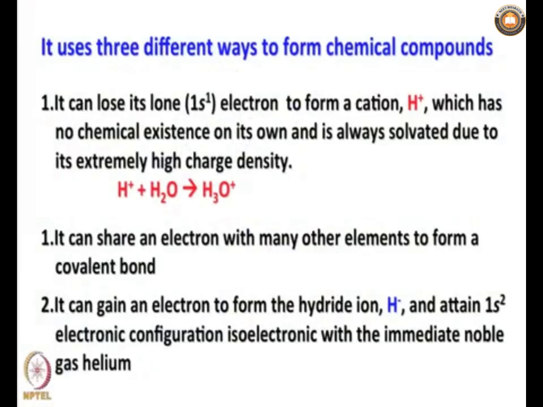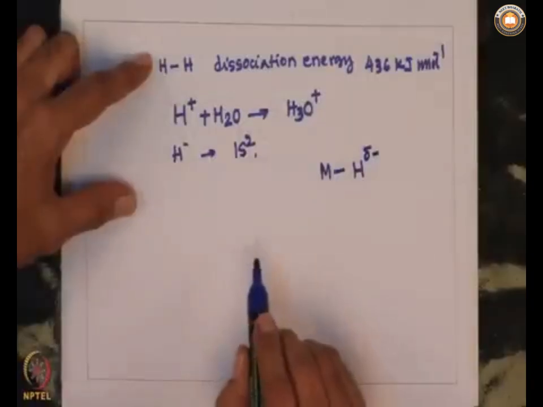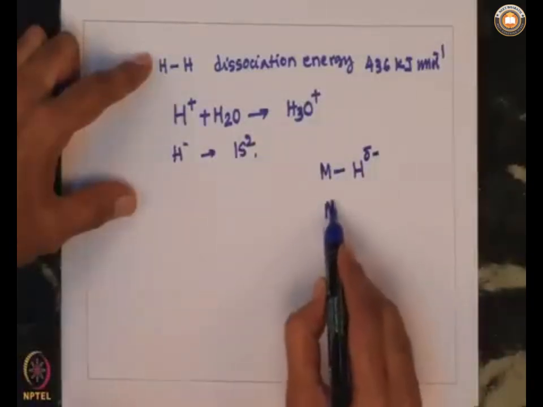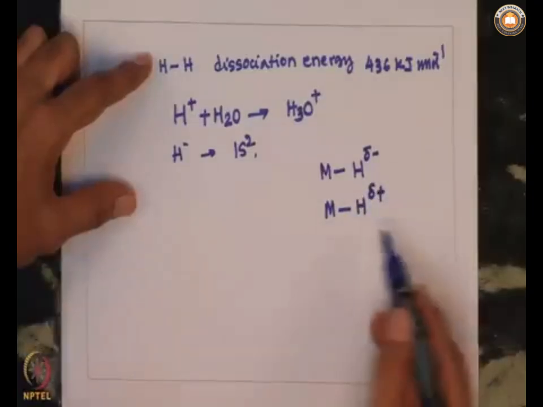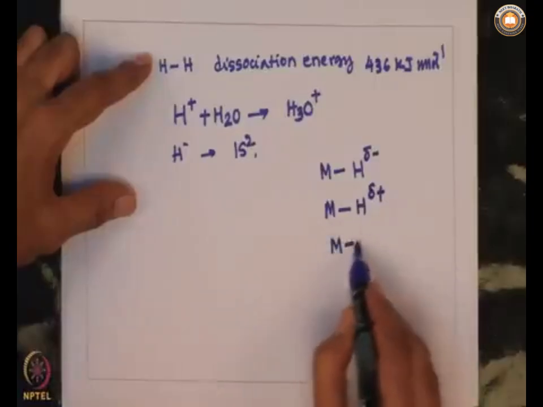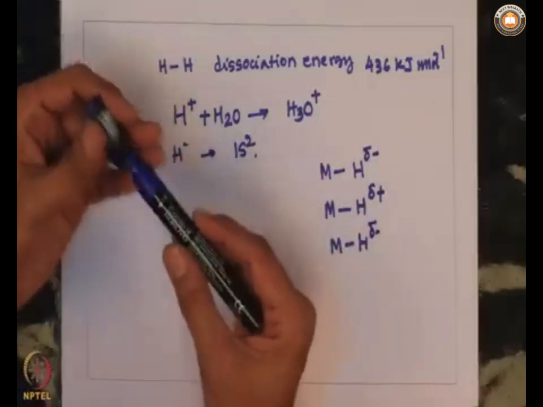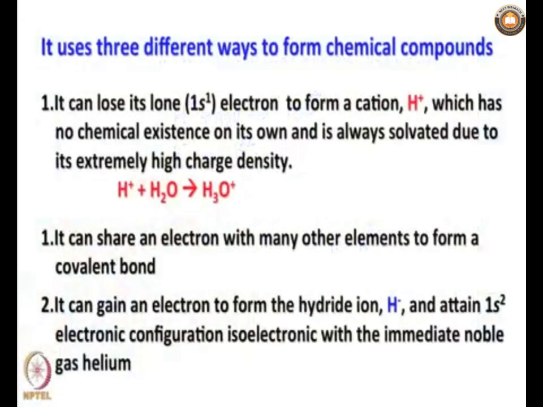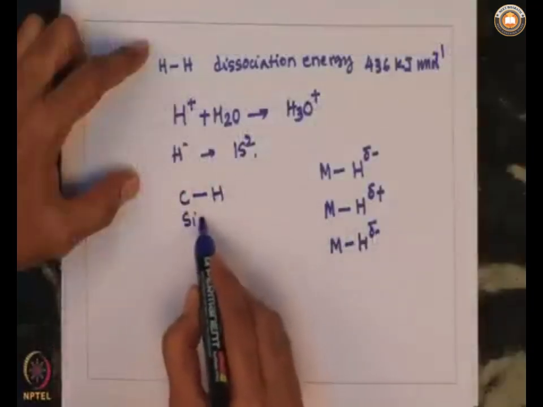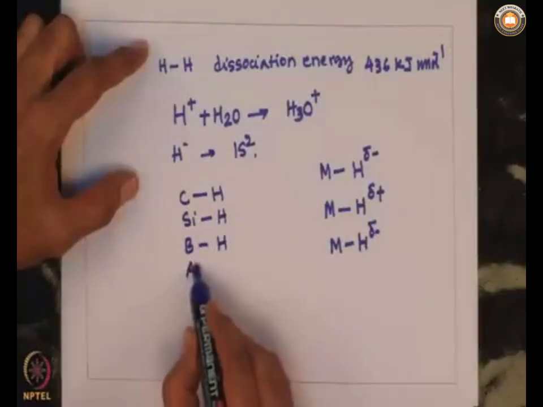It forms hydrides in which H carries negative charge. Similarly, when it reacts with most of the p block elements, H carries positive charge, and with transition metals, it carries again a negative charge. And when the electronegativity of hydrogen is comparable with p block elements, the bonds are essentially covalent. For example, we have the C-H or silicon to hydrogen bond, or boron to hydrogen bond, or aluminum to hydrogen bond.